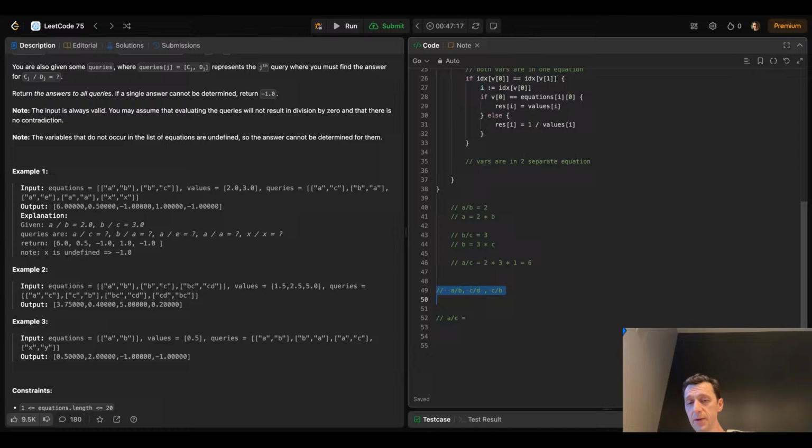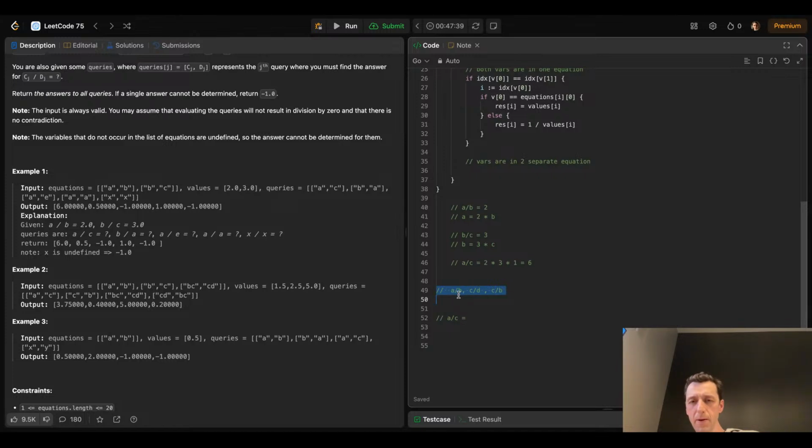But I mean, for our understanding, we need to find the common, and they're actually connected.